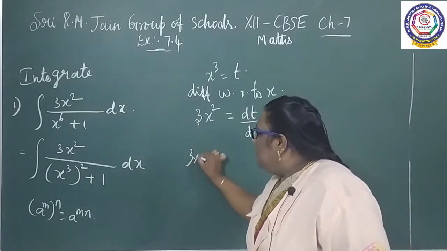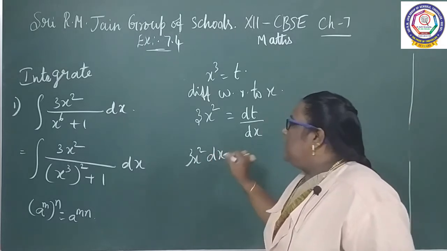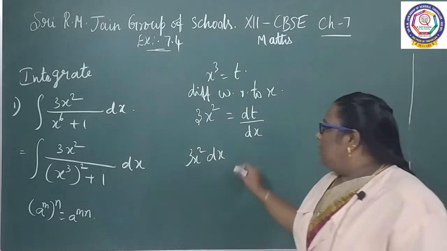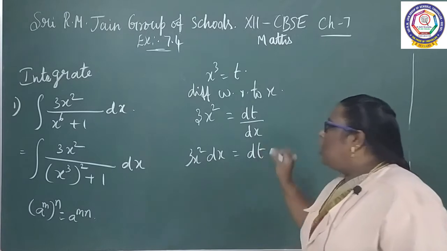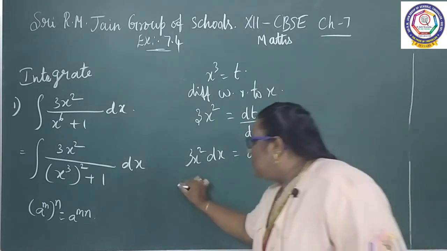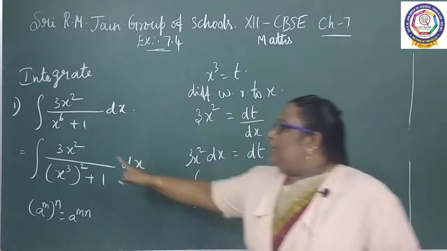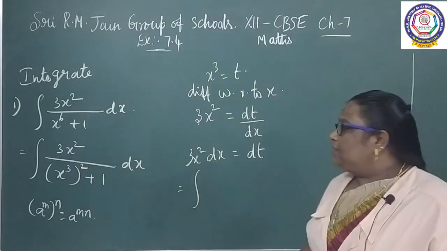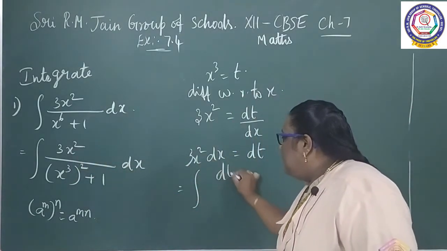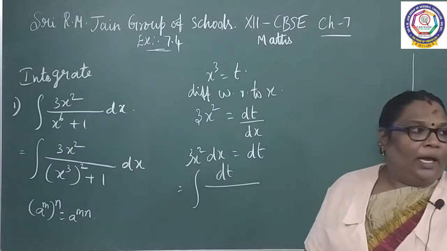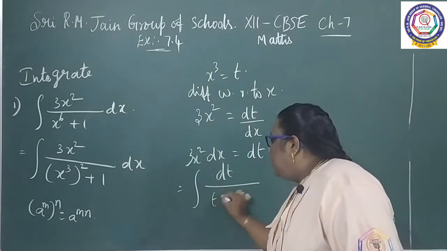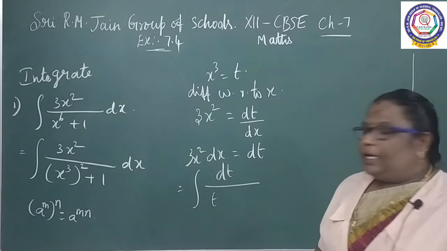So 3x square into dx equals dt, and x cube is t.